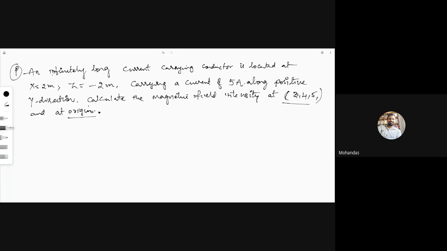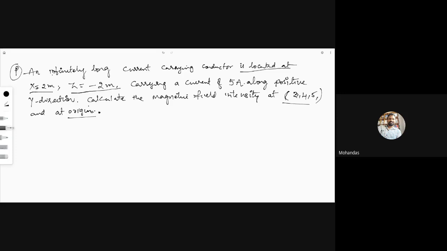But in this problem, what he has given here is that it is located at X equal to 2 meters and Z equal to minus 2 meters. That means, how do we identify the location of the conductor?